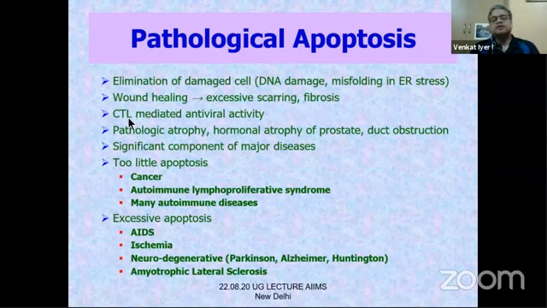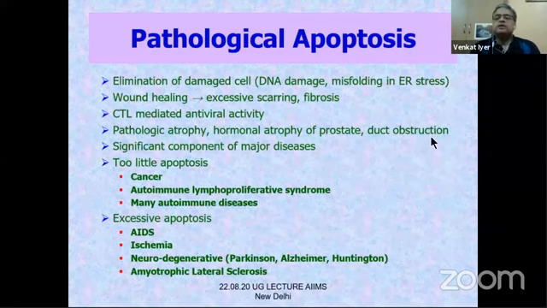It is important in cytotoxic T cell and natural killer cell mediated antiviral activity because of the perforin granzyme mechanism. In pathologic atrophy, for example, in atherosclerosis of blood vessels supplying the kidney, in hormonal atrophy of prostate, which might be because of excess hormones getting reduced or because you do chemical castration.